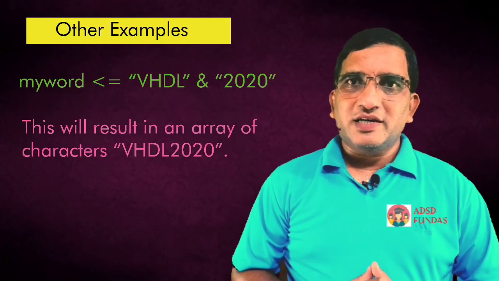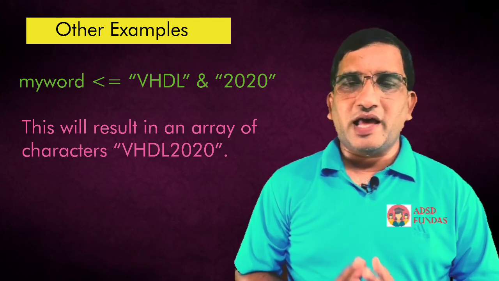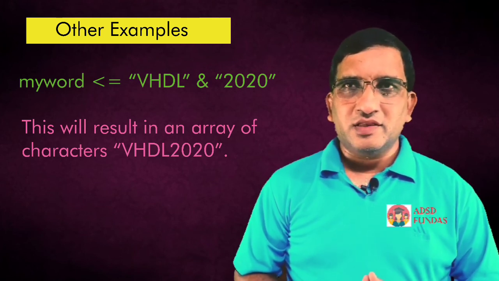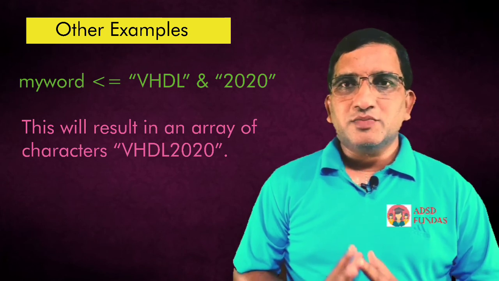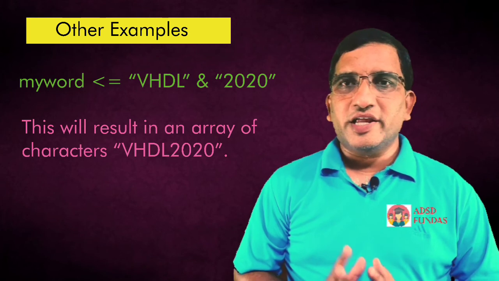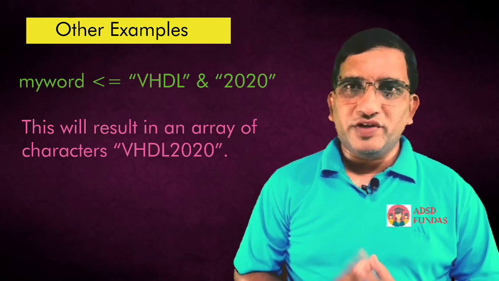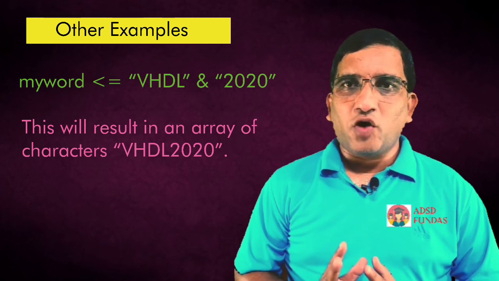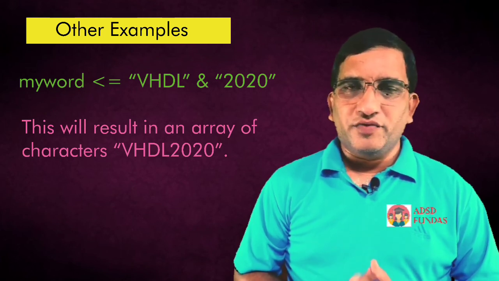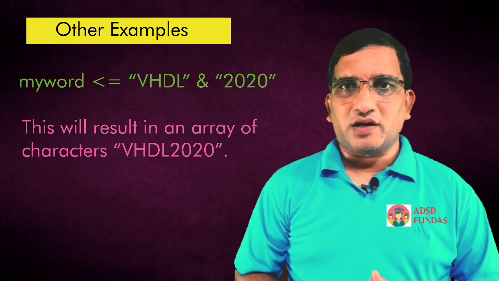Now let us consider the third example. Here I have considered one signal again, my word. This my word is assigned with a string. A string is also written inside double quotation marks. The string is VHDL, and I am concatenating this string with 2020, which I have written in double quotation marks.